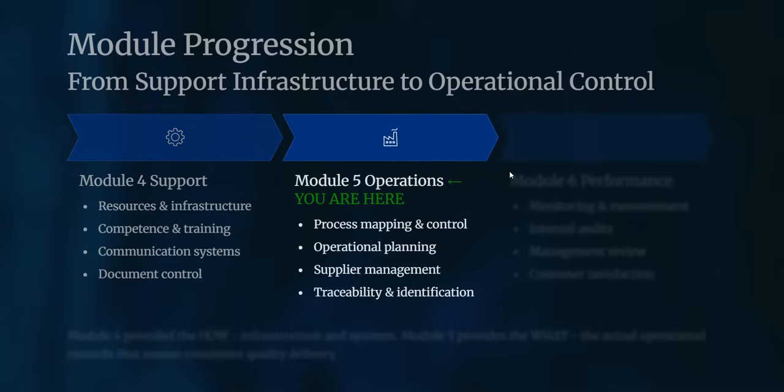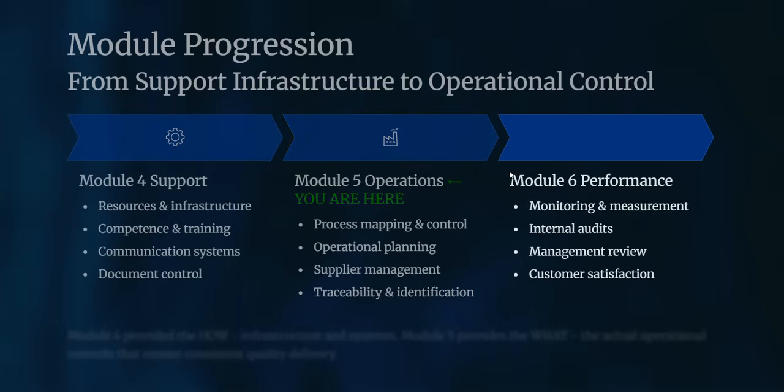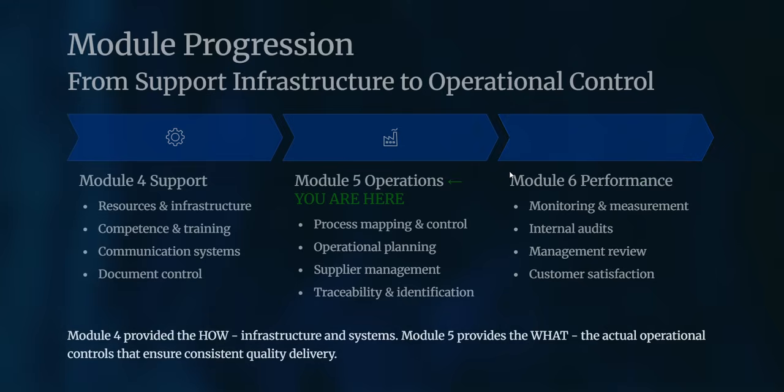And then in Module 5 today, we are going to cover the following: process mapping and control, operational planning, supplier management, traceability, and identification. Then next in Module 6 performance, we will cover monitoring and measurement, internal audits, management review, and customer satisfaction.